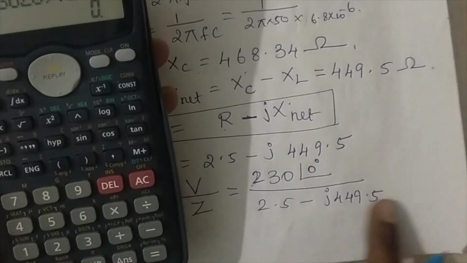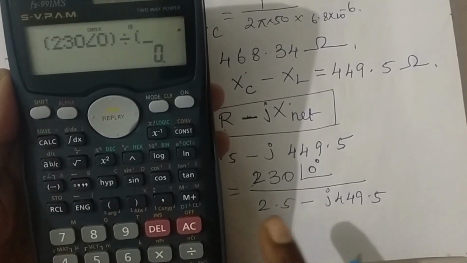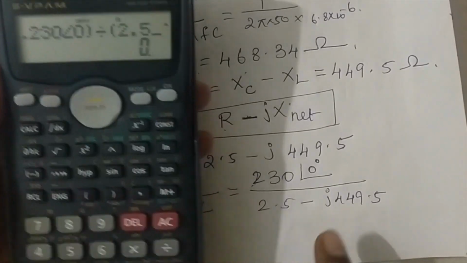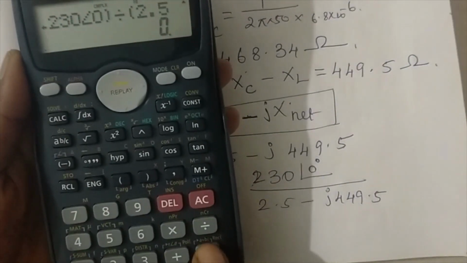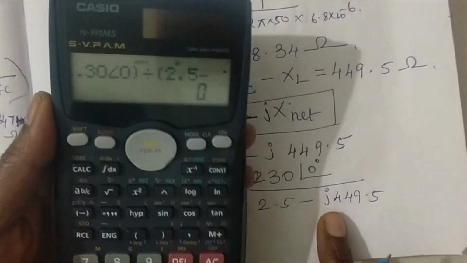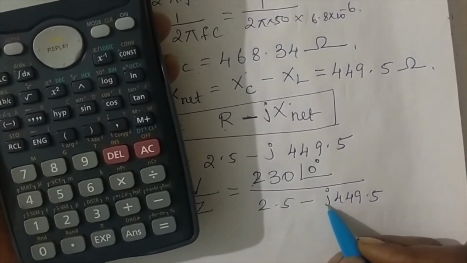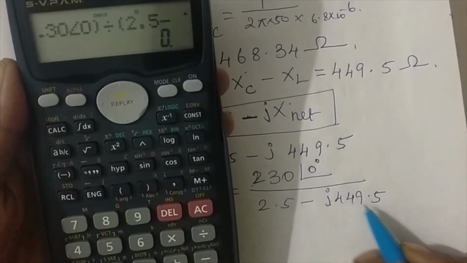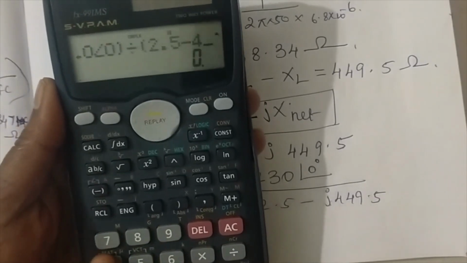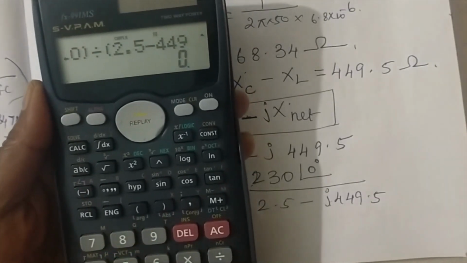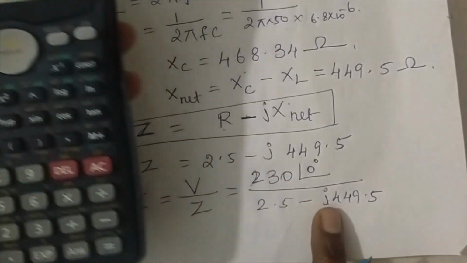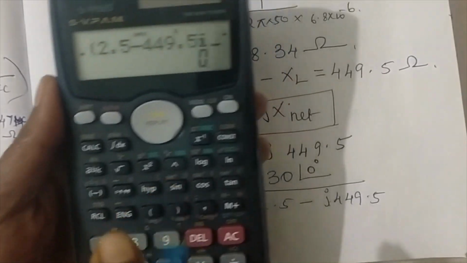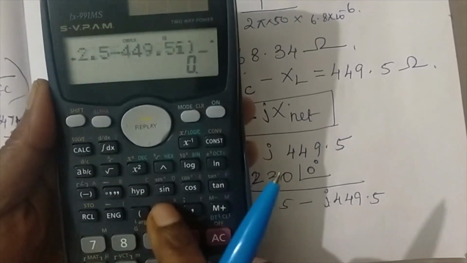After that, in the denominator, open bracket 2.5 minus, and we have to type the J symbol after the number value. So 449.5, first we type 449.5, then instead of J I am going to type I, which is here. Then close that bracket.